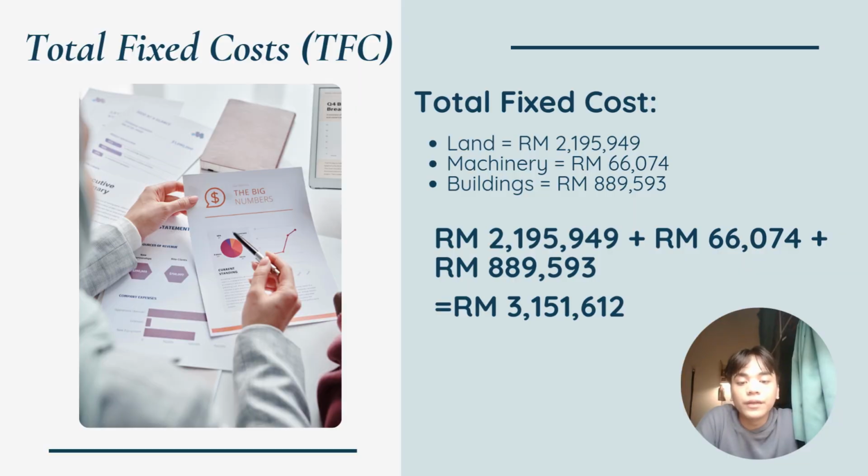When we add all these fixed costs together, the total fixed cost is 3,155,612 ringgit. These costs remain constant regardless of how much we produce, and they form the base expenses of our operation.